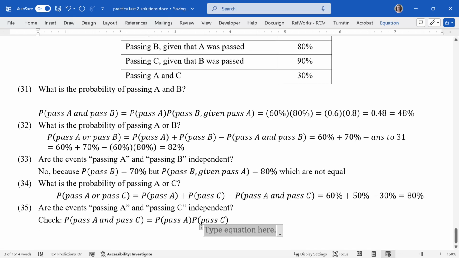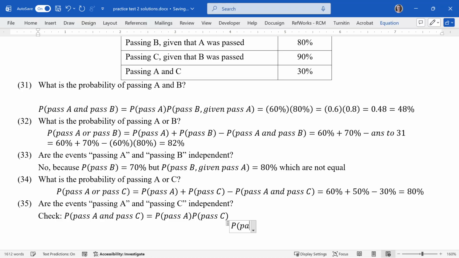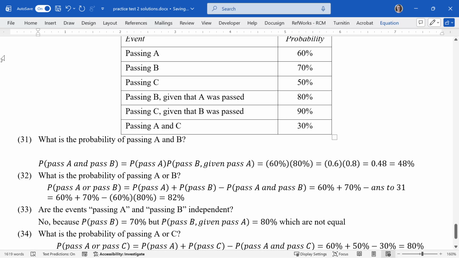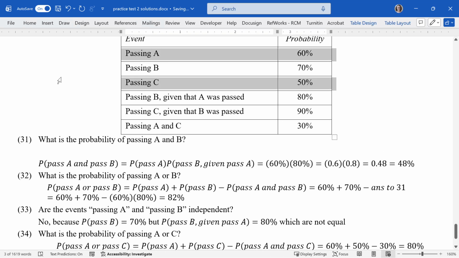Okay, so let me calculate each side one by one. The probability of passing A and passing C is given in the table. That's 30%. This row right here. And then if I multiply together the probability of passing A times the probability of passing C, just overall, these two rows. You know what? I think that is 30% because half of 60% is 30%.